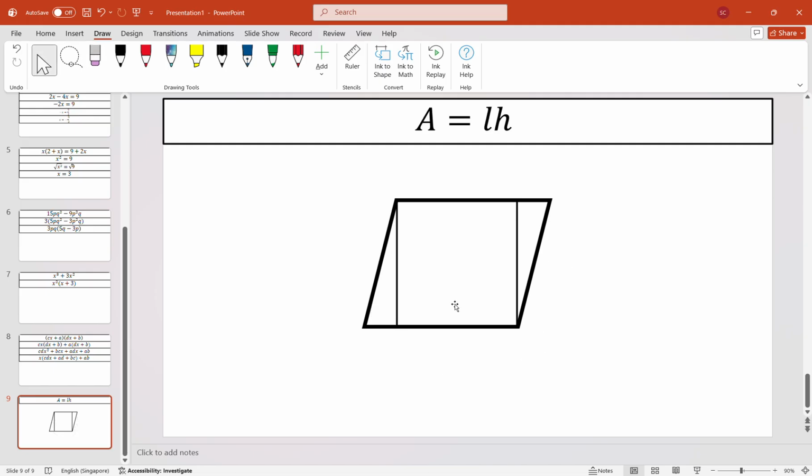So therefore, this is the area of a parallelogram.